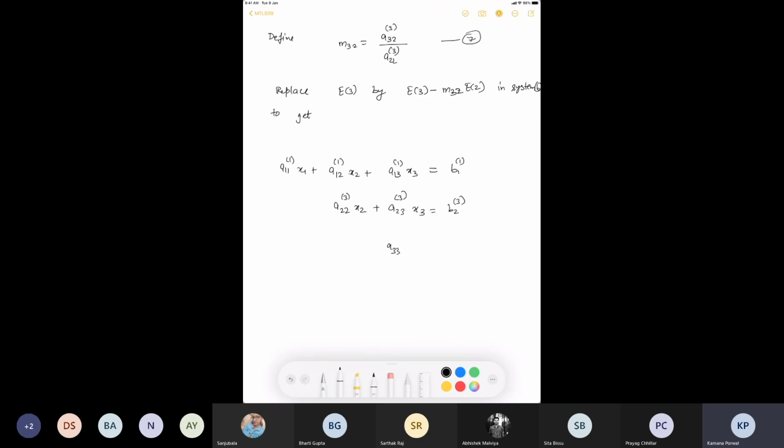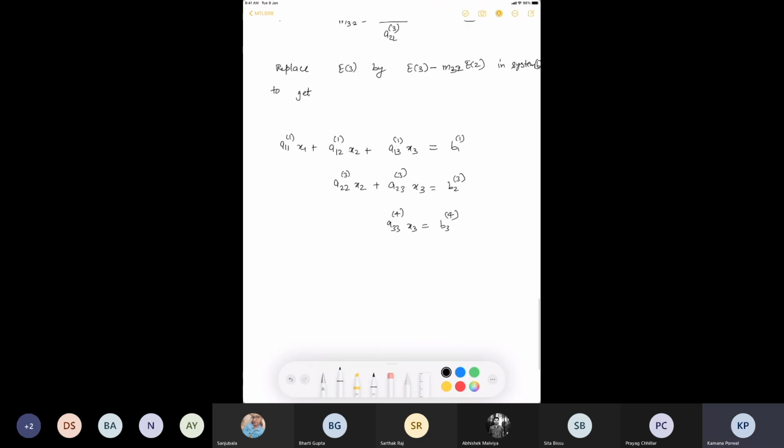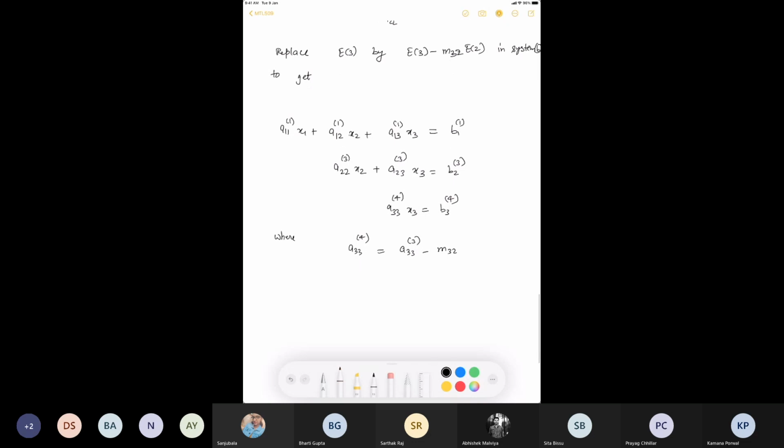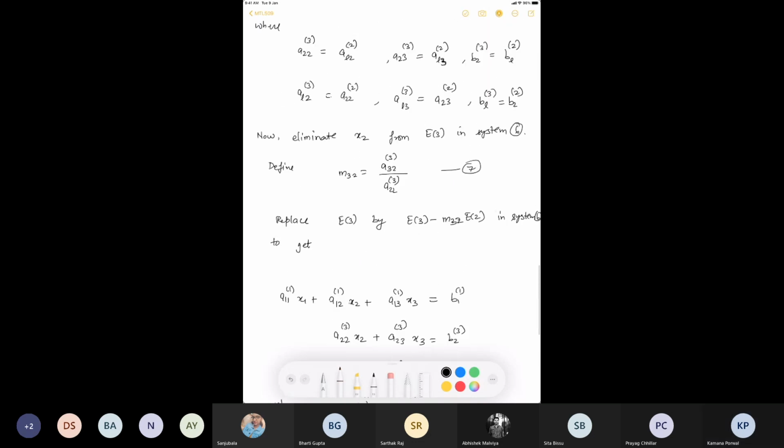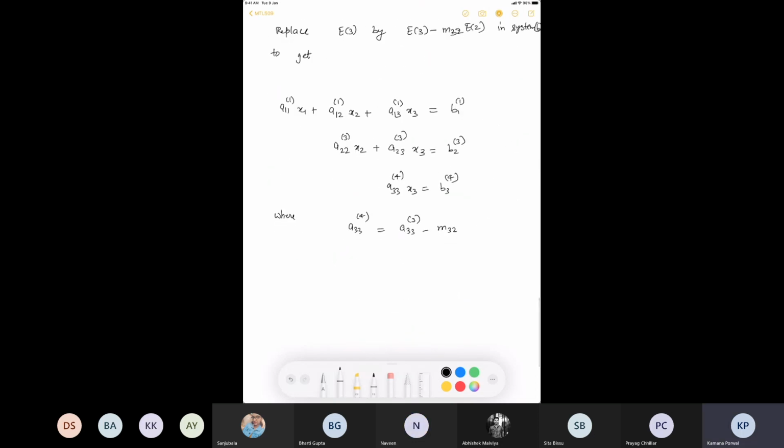So this is going to be A33(4) x3 equals B3(4), where A33(4) is A33(3) minus M32 multiplied by A23(3), and B3(4) is going to be B3(3) minus M32 times B2(3).